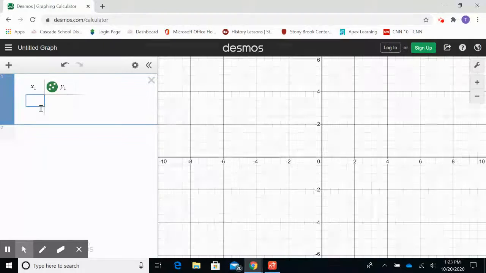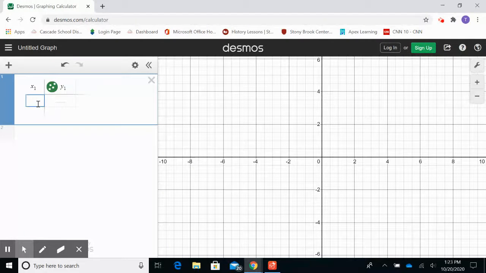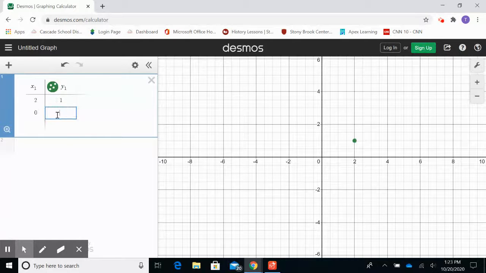I can make a table like Zach showed us the other day, and I can plug in my points (2, 1) and (0, negative 7). And then I can make a line out of it.